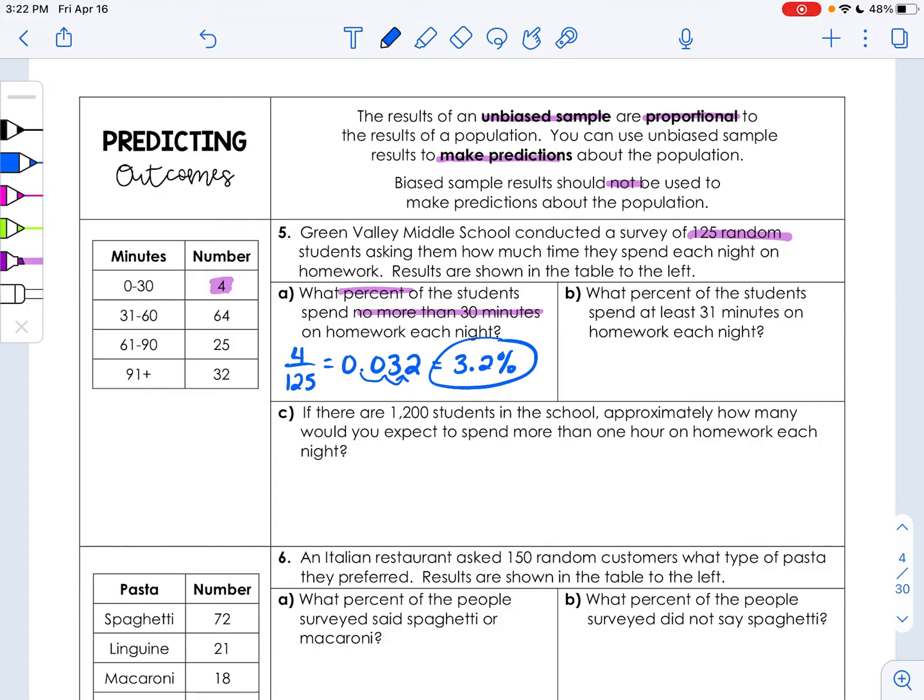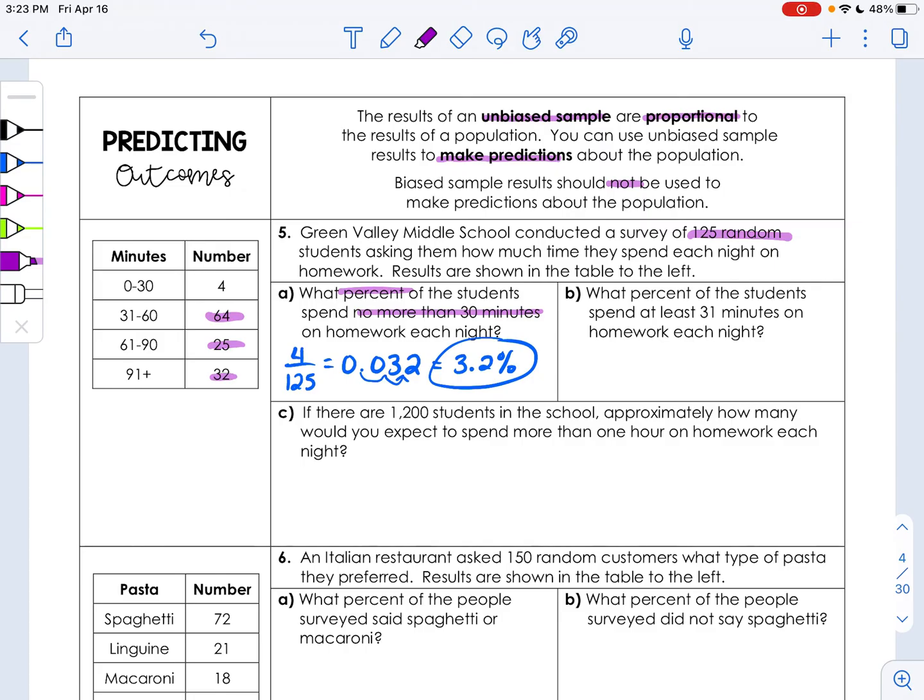B wants to know what percent of the students spend at least 31 minutes on homework each night. So at least 30 minutes means more than 30. So more than 30 is going to be 64 plus 25 plus 32.